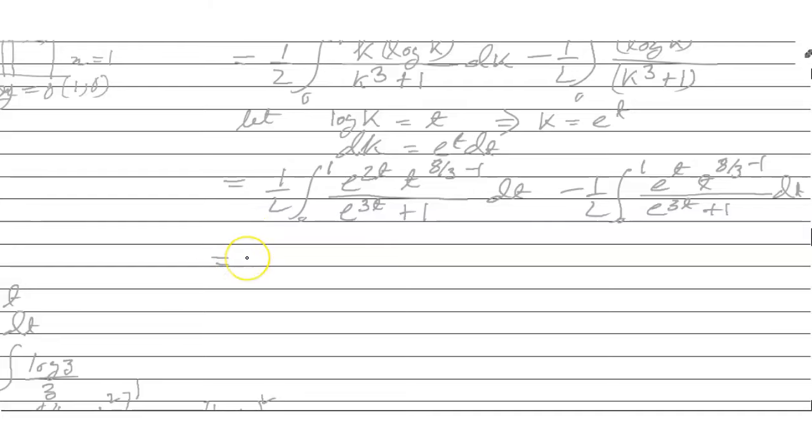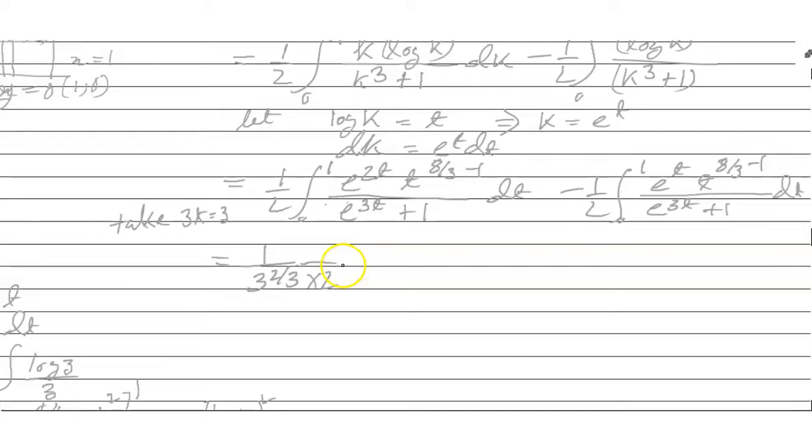So it can be written one by 3 to the power 2 by 3 into 2. Take 3t is equal to z.